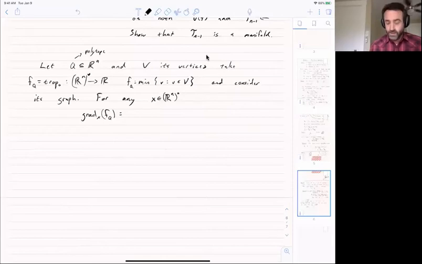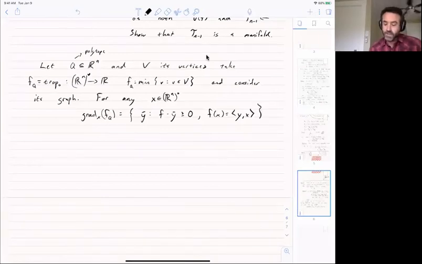And this is going to equal a set of things. This is a PL function, f_Q. It's not smooth, so I'm going to define what I mean by gradient. I'll explain what these functions look like in a moment: all the functions that essentially support the graph.